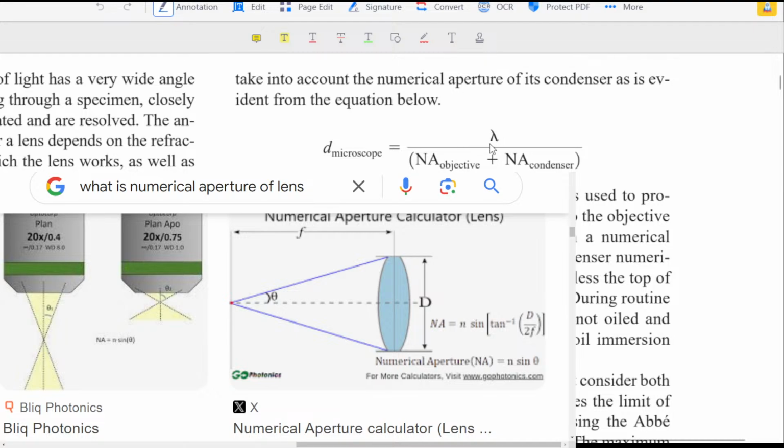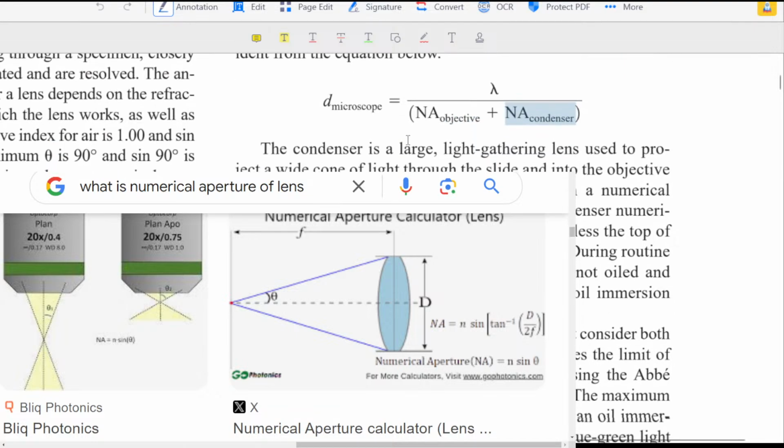This lambda again is the lambda of the light, the wavelength of the light, NA objective plus NA condenser. So they are saying if you want to know about the D of the whole microscope, you have to add the numerical aperture of both the objective lens and the condenser.